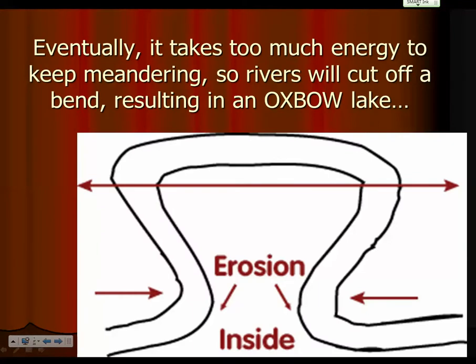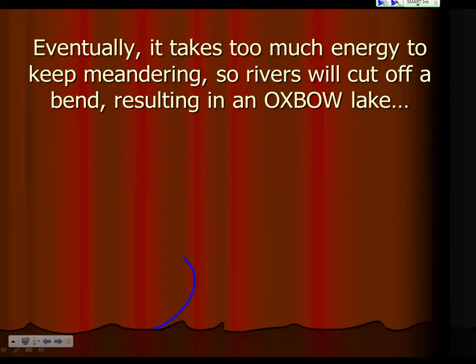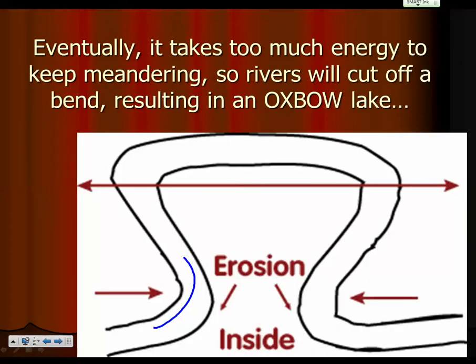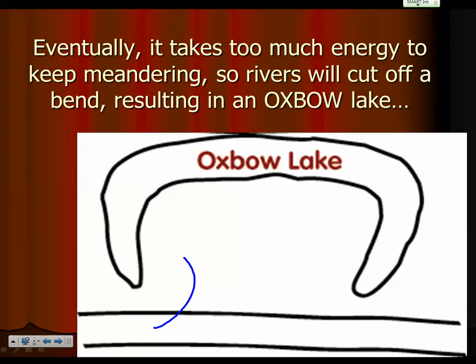You can see right here how if the river's flowing around, in this case, let's say it's flowing to the right-hand side of this screen, over time, during a flood, it might actually jump over that narrow part, that inside part at the bottom center, the neck, and that would make a straightaway and leave this abandoned meander channel behind, which is called an oxbow lake. You can see it right there.